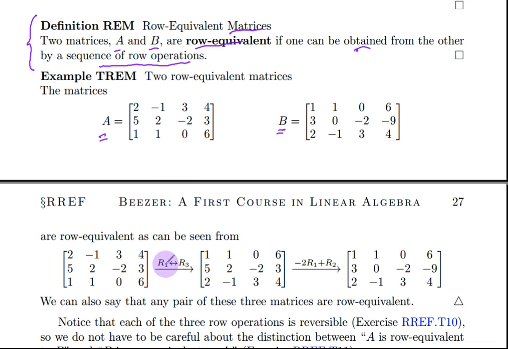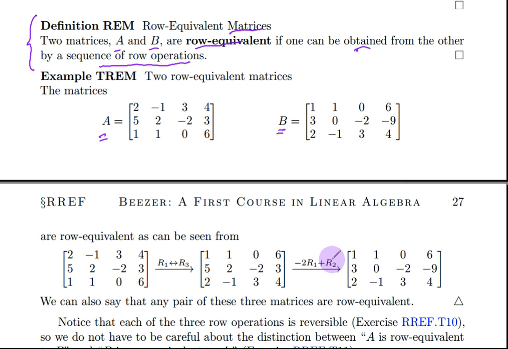The first row operation was we took A and we switched the first and third rows. So the third row here goes up to the first row. The first row here goes down to the third row. Now, taking this matrix, this operation says take -2 times the first row plus the second row.